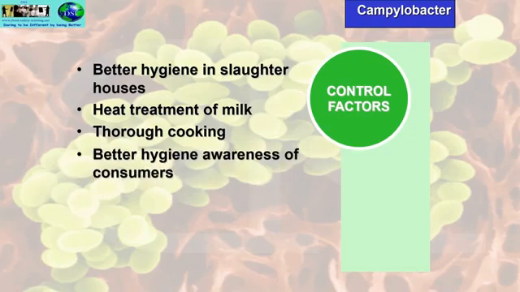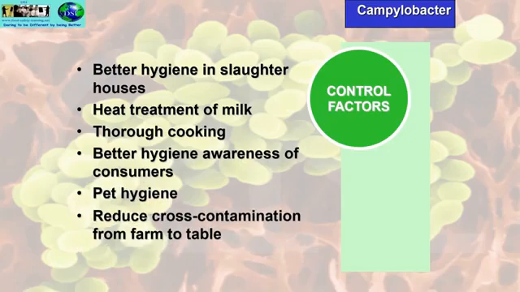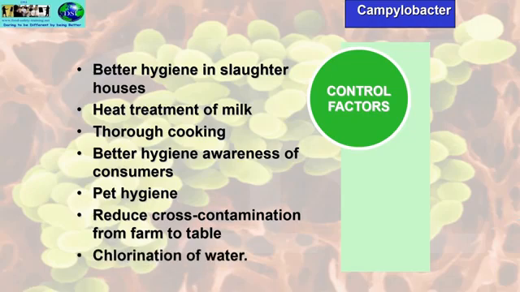If you ask any person on the street, can you tell me what Campylobacter is, they probably look at you with a blank look. They've never heard of this before. It has been on the news quite recently, but it's just one of those things that people are not aware of. Pet hygiene, good pet hygiene, reducing cross-contamination from farm to table, and chlorination of water.